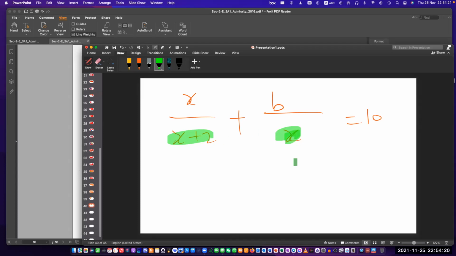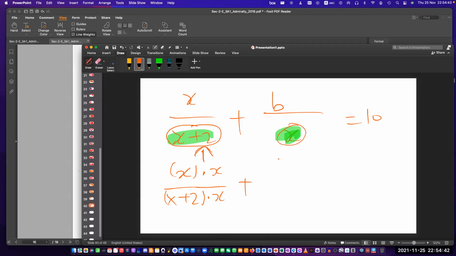So how do you get the same denominator? So you have to times X so that you make it the same for the first fraction.